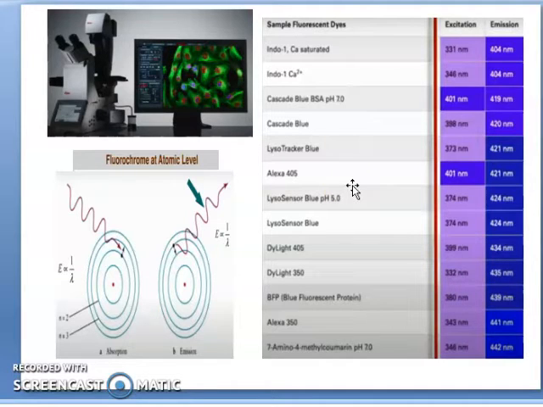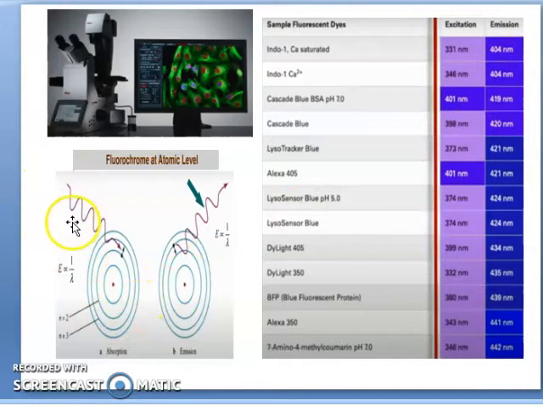It is different for chromosomes, for the nucleus, and for other organelles, like chloroplast or mitochondria. It depends on which portion of the cell you are going to see, and on the wavelength of light you will use for excitation. So these are the ranges. Suppose we are using Indo-1 calcium, so this is the excitation wavelength and this is the emission wavelength.